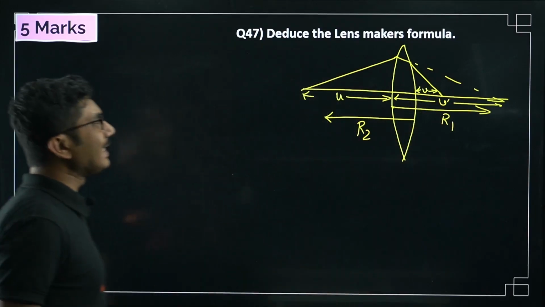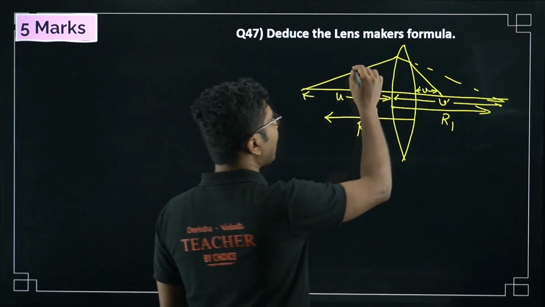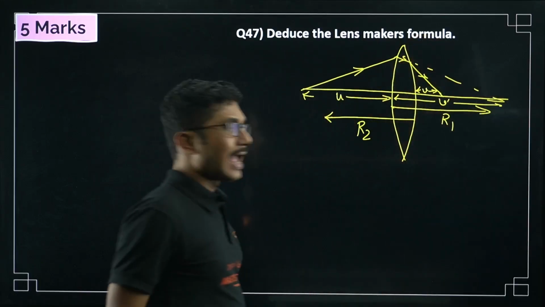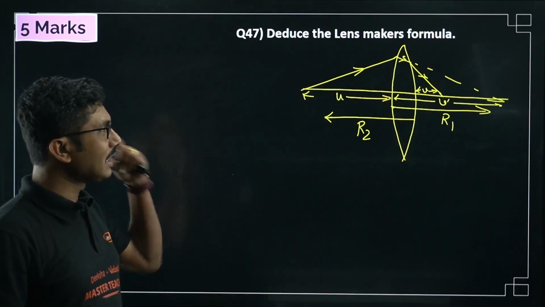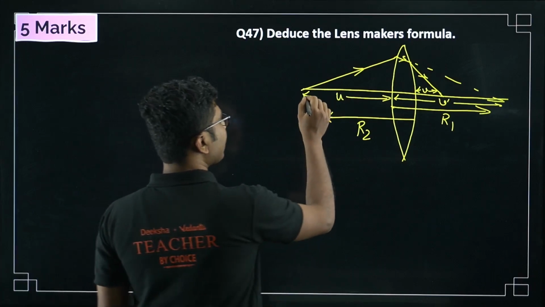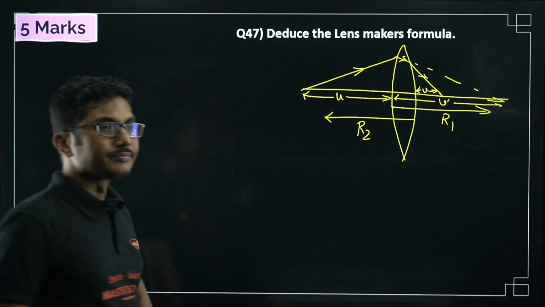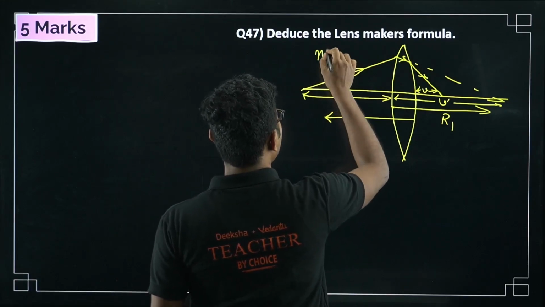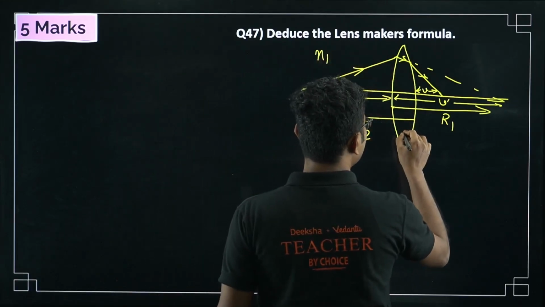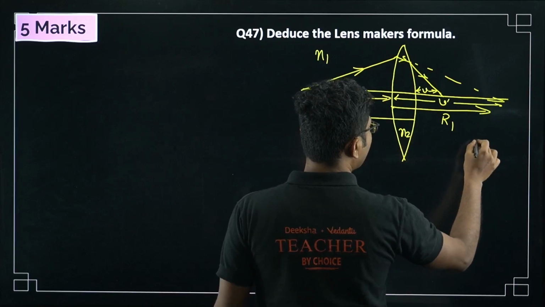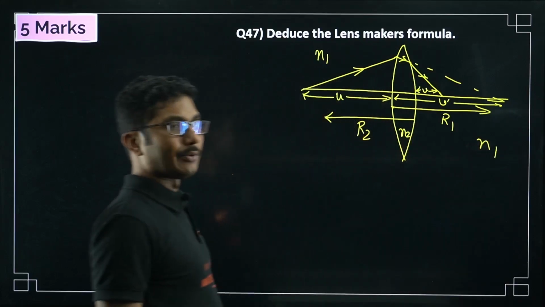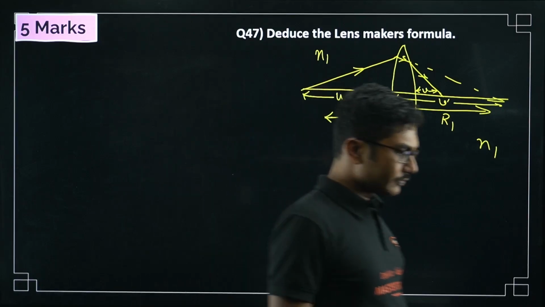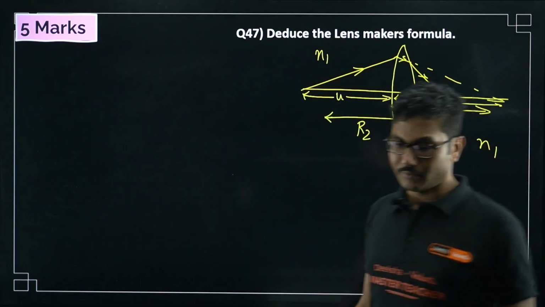Now while doing the Lens Maker's formula we will not apply any sign convention. Sign convention we will apply while actually doing the numericals. Now the refractive index of this medium is n1, of this medium is n2, this is n1 again, back to n1.